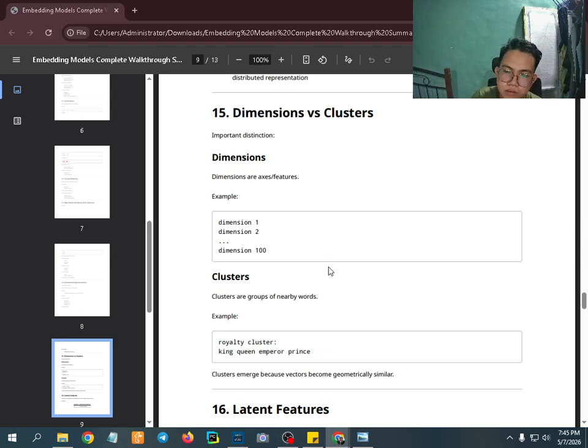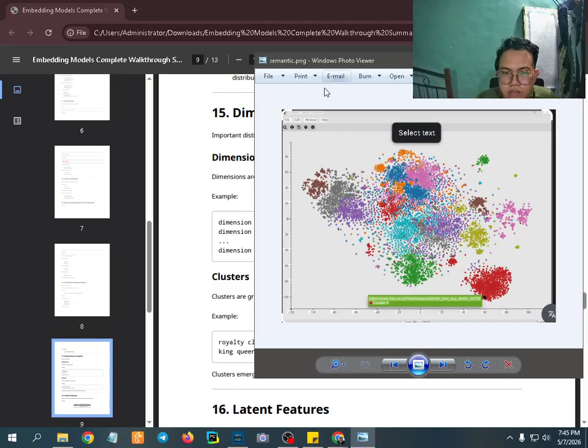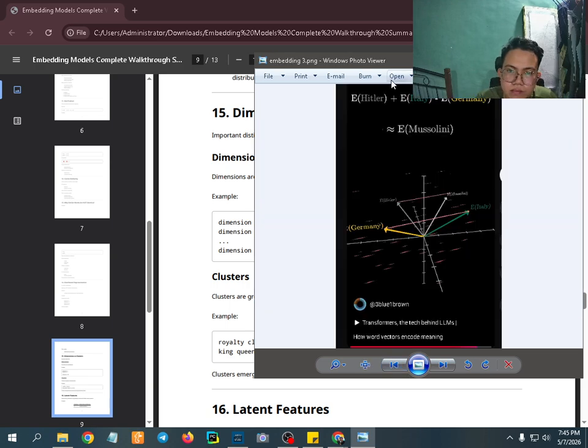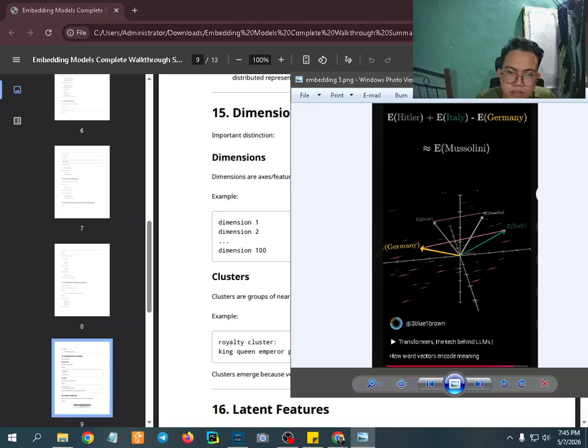Even though it's so hard to visualize this huge number of dimensions with our own eyes, we shrink it into a two-dimensional representation, so we could plot it like this one. And this is called the dimensions in a vector space.